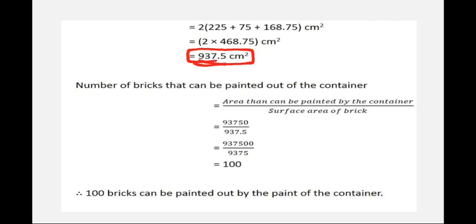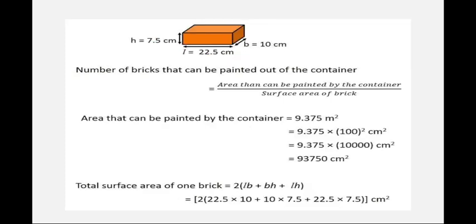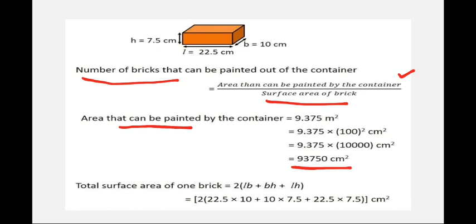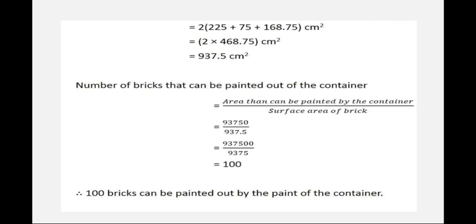That means to paint each brick you need this much paint, and the total area that can be painted by the container is 93750. So the number of bricks will be the total area that can be painted by the container divided by the surface area of a brick.